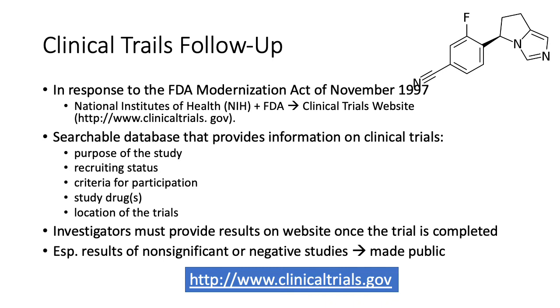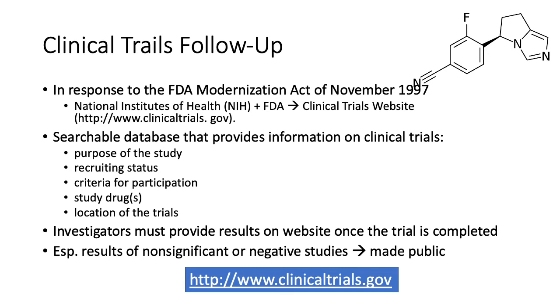The website is searchable. You could search for the condition or the drugs, and it will provide you with the purpose of the study, recruiting status, meaning are they still bringing patients into the clinical trial, whether patients or normal people, criteria of participation, meaning the criteria that make you include or exclude a patient, which are also referred to as inclusion exclusion criteria, the drug that is being studied, and the location of the clinical trials.